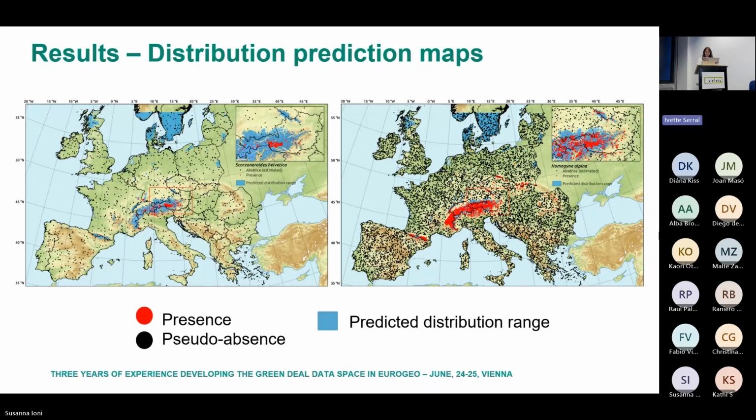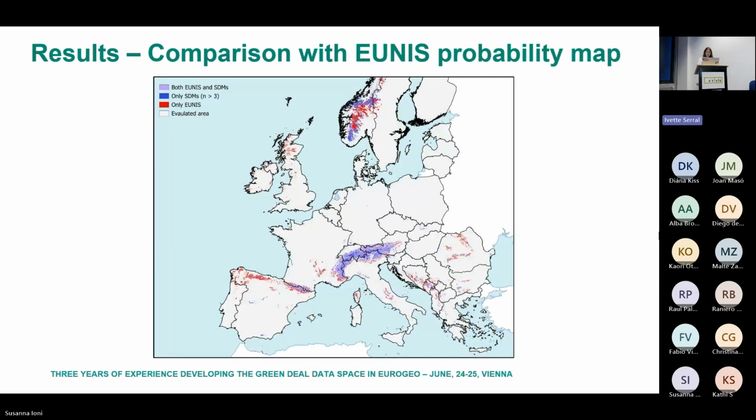And at this point of the workflow, we are working on comparing our results with EUNIS probability maps. We are working on 2 resolutions, one at 1 kilometer all over Europe, and another only for the Alps at 100-meter resolution.